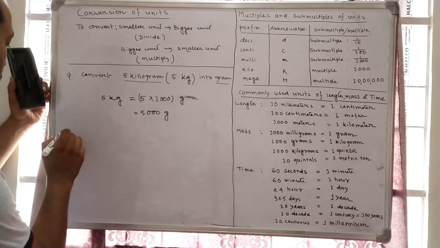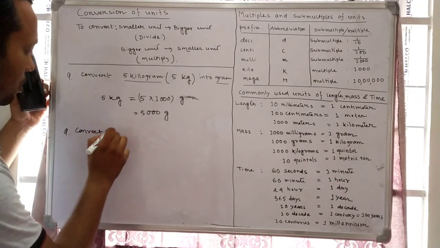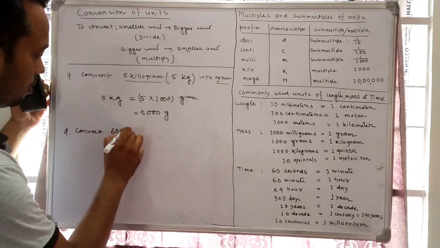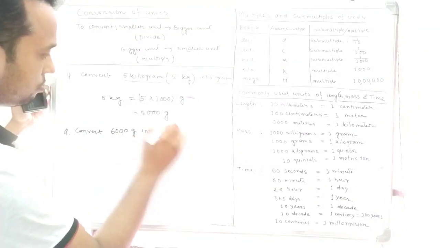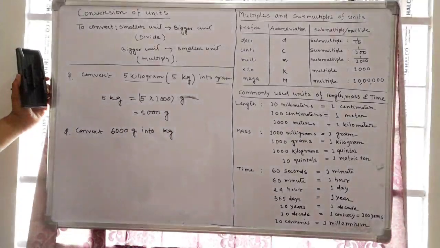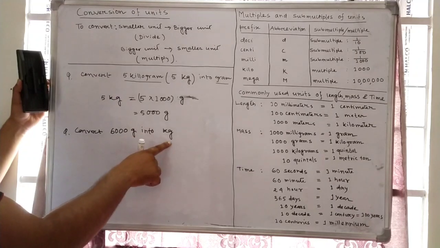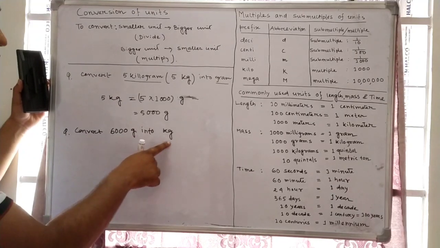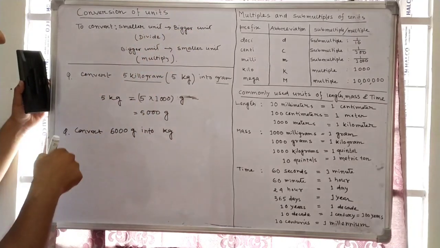Let's take the opposite example. Convert 6000 gram into kilogram. Okay. So here we need to convert the value from gram to kilogram, smaller unit to bigger unit. So if we need to convert a smaller to a bigger unit, we have to divide the value.